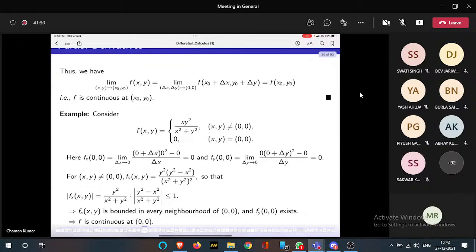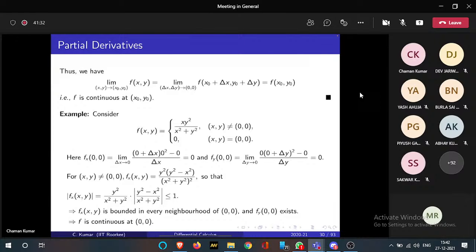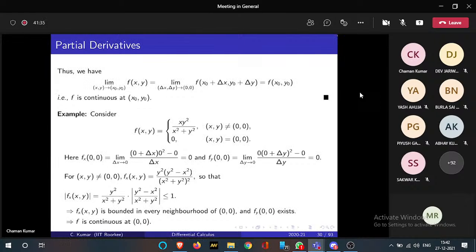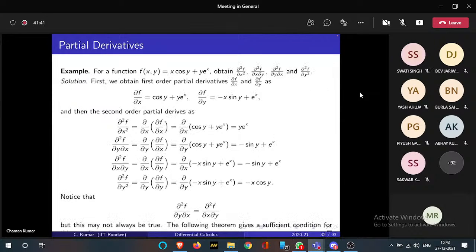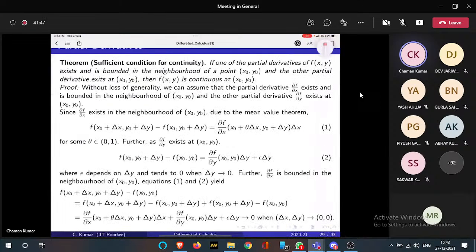We can check this condition here. I leave this proof for you to do. The reason is that the proof is not going to be part of the evaluation. However, for your understanding, you can read the proof.